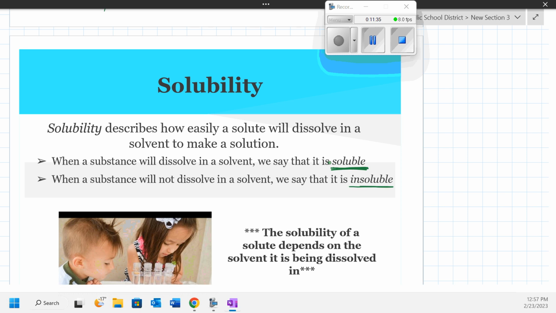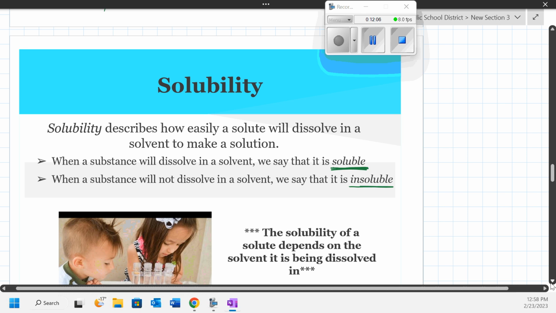An example of a soluble substance is sugar or salt, not water. An example of something that is insoluble, not dissolved into a solvent, is, let's say, oil. Oil cannot be mixed with water.